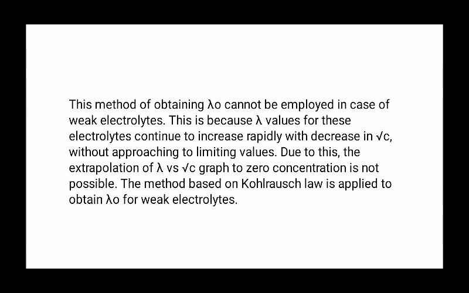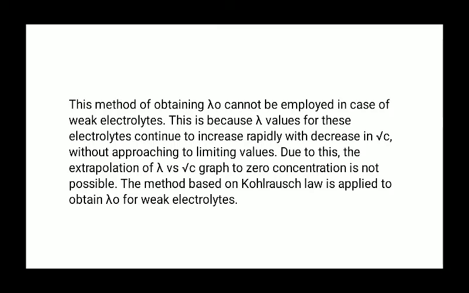This method of obtaining lambda 0 cannot be employed in the case of weak electrolytes. This is because lambda values for these electrolytes continue to increase rapidly with decrease in root of C without approaching a limiting value.